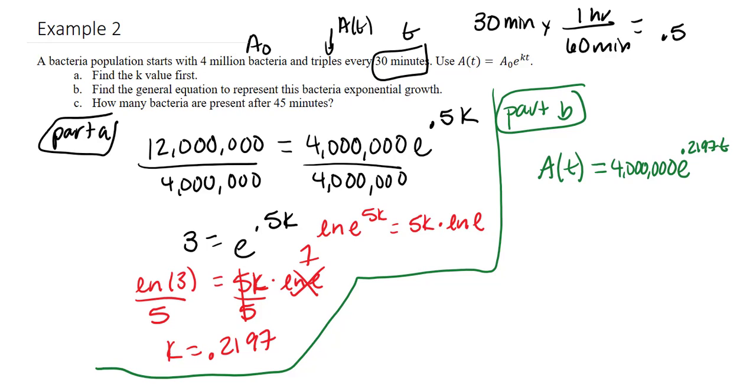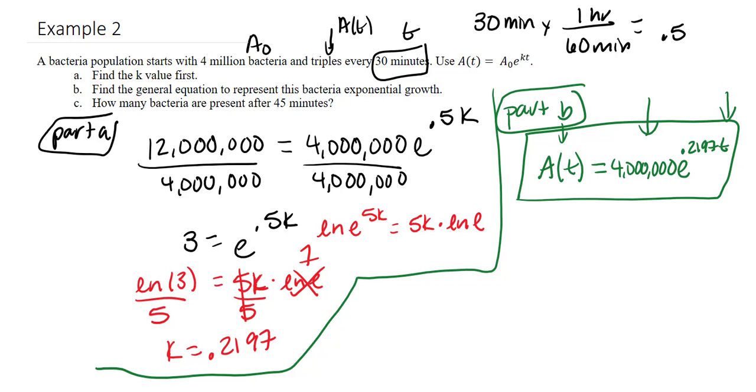So that would be our general equation, and that's it. So we just want to make sure we have the same starting amount always, but the things that will always change are our t and then our ending amount, or whatever amount is given at that time. So that's our general equation. So all we have to do is plug in our starting amount and our k.